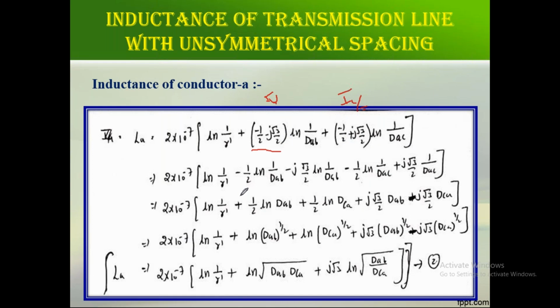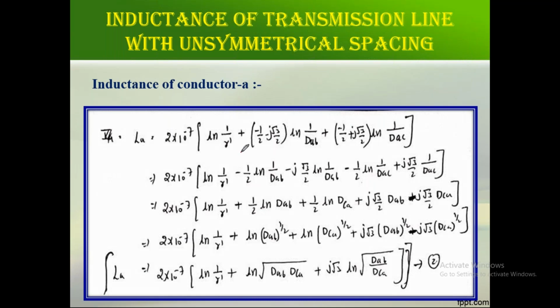After simplification of all these terms, you will get LA equals 2 into 10 power minus 7 times ln 1 by r dash plus ln square root of dA by dCA plus j root 3 ln dAB by dCA. This is with respect to A. See here, I will show you the simplification.